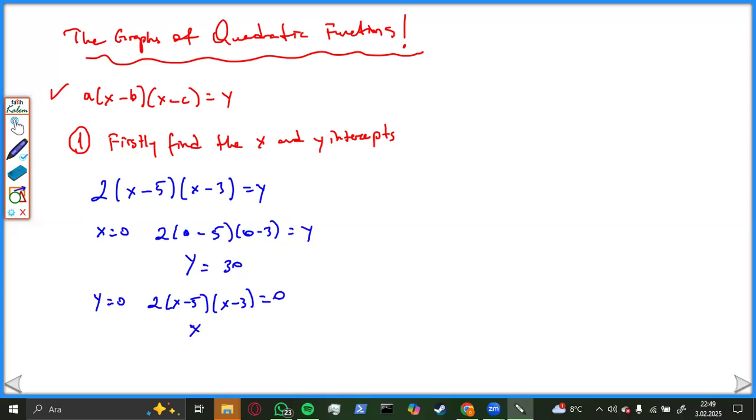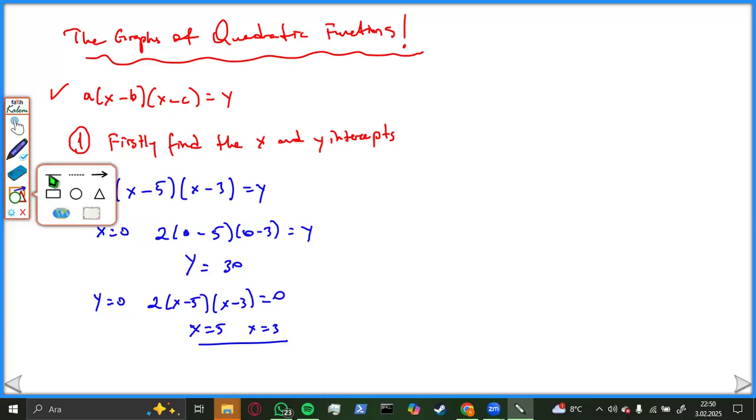In other words, x is 5 and x is 3. These are the roots. These are the x-intercepts. Because it is a quadratic function, it may have two different roots.